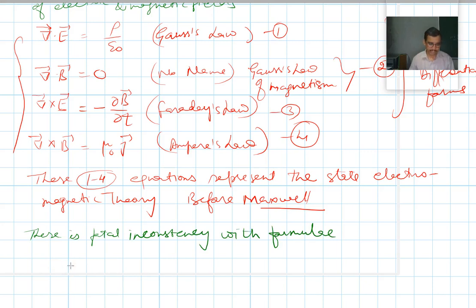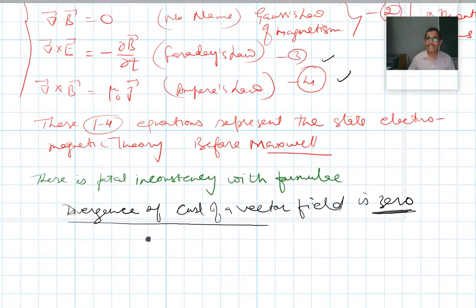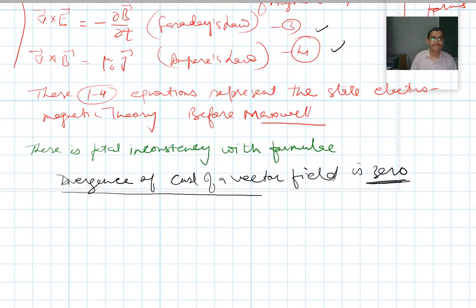As you have studied in the beginning of electricity and magnetism, the divergence of curl of a vector field is always 0. Keeping this fact in mind, we will take the divergence of equations 3 and 4. Let us take the divergence of equation number 3.